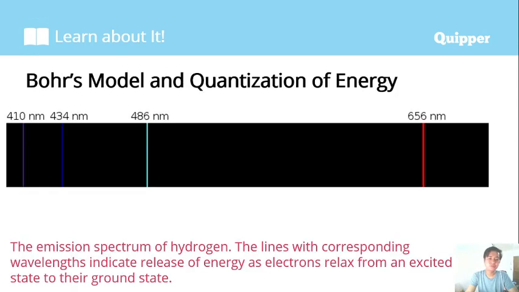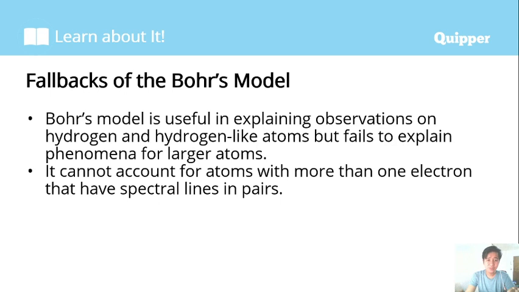So now, what's the problem with Bohr's model? During his time, Bohr could not explain why electrons would not emit photons all the time, because he said that they do not radiate energy. They would only emit photons or radiate energy if electrons move from a higher orbit to a lower orbit.